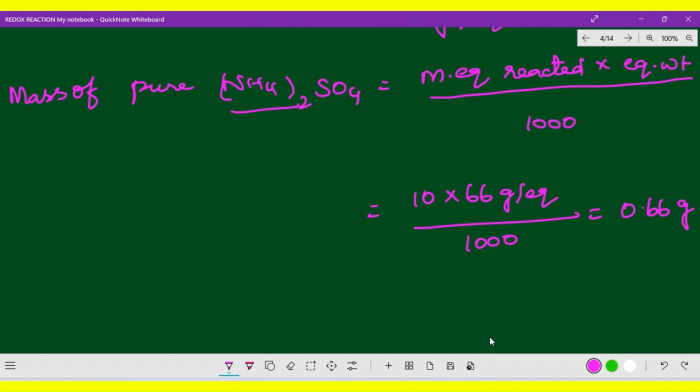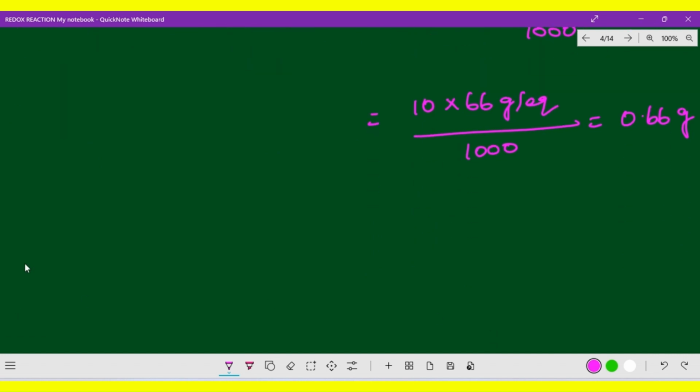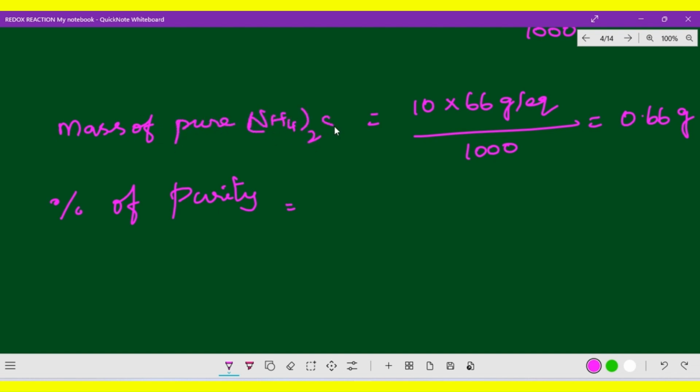Okay, now finally we are coming to the percentage of purity. That is what the question asks now. All the questions we are going to discuss are percentage purity questions only. Now how to identify: we have received the mass of pure ammonium sulfate, 0.66 gram, divided by the total amount.